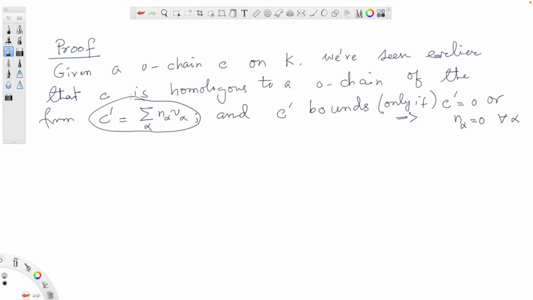Now, if C is in the kernel of this augmentation map epsilon that we have defined earlier before the statement of theorem 2, then from the definition of kernel, we know that epsilon of C is equal to 0.